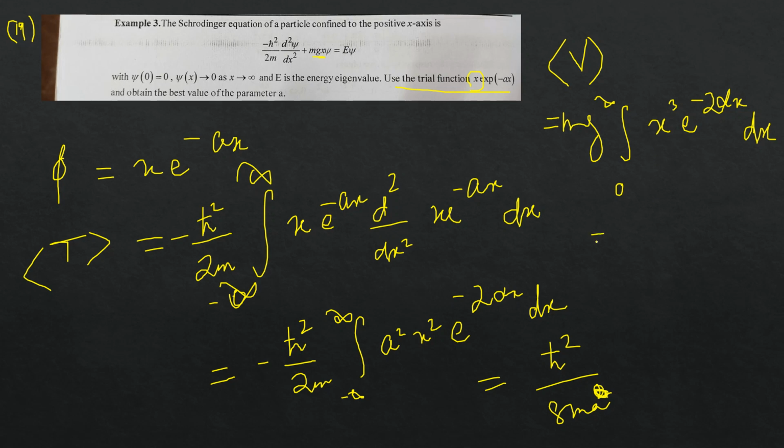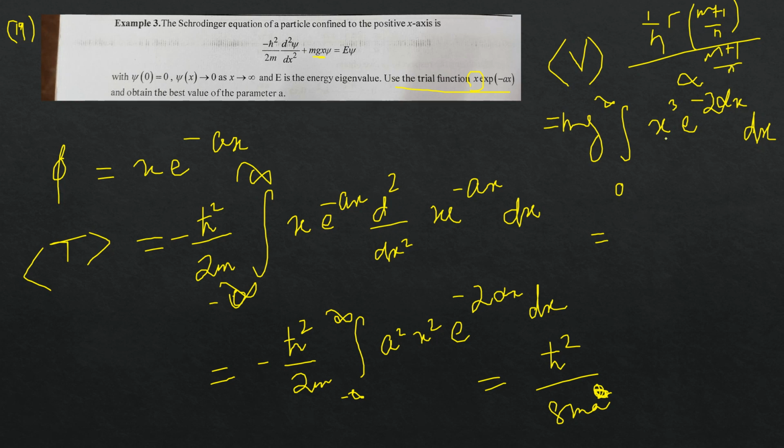And this integration, if you calculate, the same thing: 1 by n gamma of (m plus 1) by n, divided by alpha to the power (m plus 1) by n. This is the formula you have to use here. So 1 by n, that is 1 by 3, isn't it?